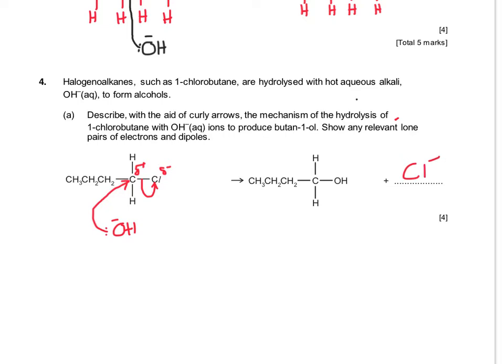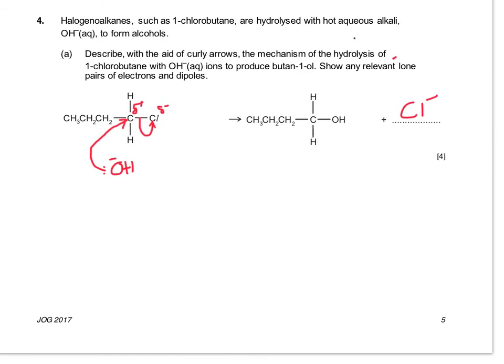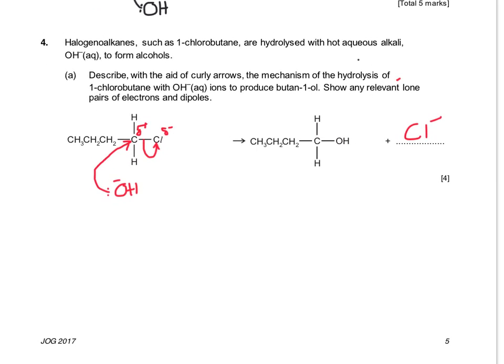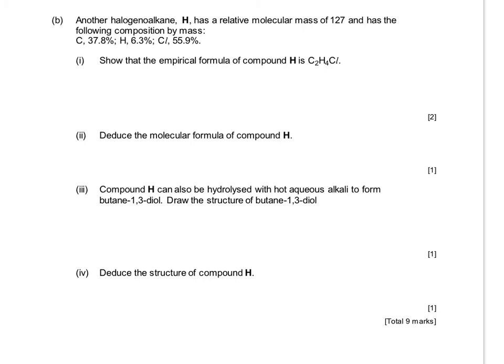So let's move the page down a little bit. We're finished with that page, so let's go to the next one. This time they're talking about another halogenoalkane, or haloalkane, which has an Mr of 127 and has the following composition by mass. So you need to show that the empirical formula of compound H is C2H4Cl. So it's quite straightforward what you do here.